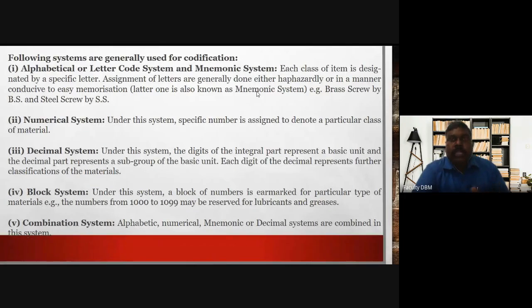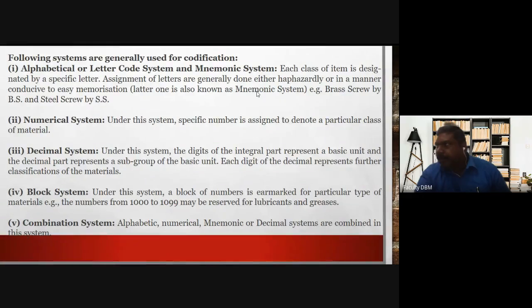Now, if I want to say you are in the MBA second year, third semester, I say 2.3, and easily I will know. Or if I say 2.1, that is the second year, first semester. So decimal point system codification will be done in this manner.